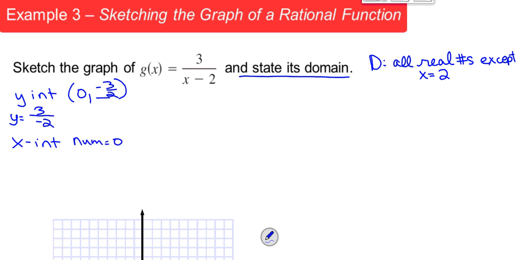And since it's the number 3, that's just not going to happen. So there's none for the x-intercept. And then for this one, we'll have to find those asymptotes as we go.